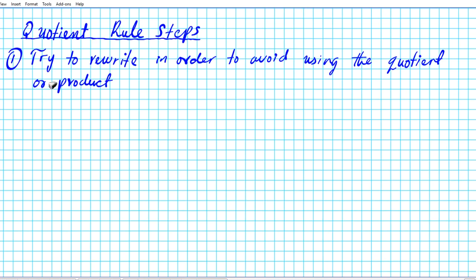If it's possible to simplify it, you definitely want to simplify it and carry out your differentiation by term by term differentiation.